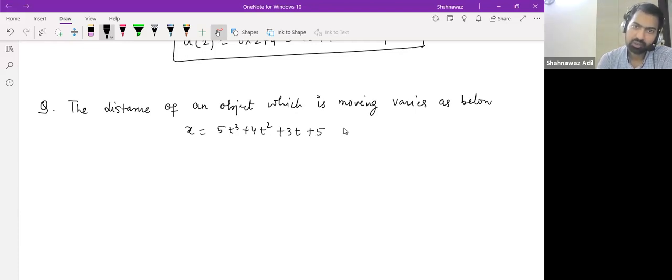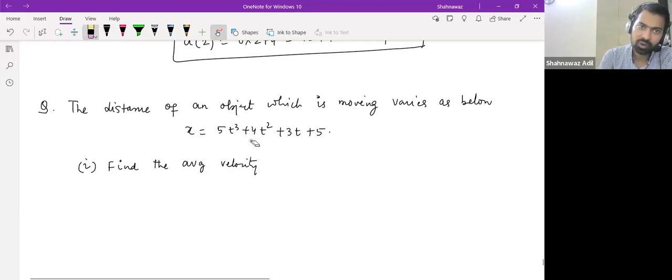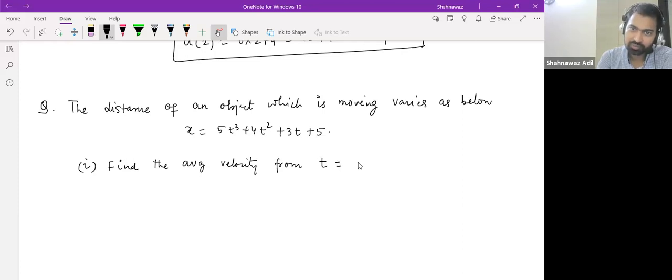Right, so this is given, and the question would be to find the average velocity from t equal to 0 seconds to t equal to 4 seconds.